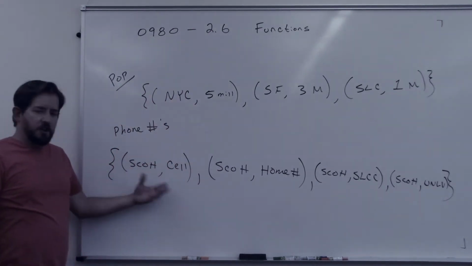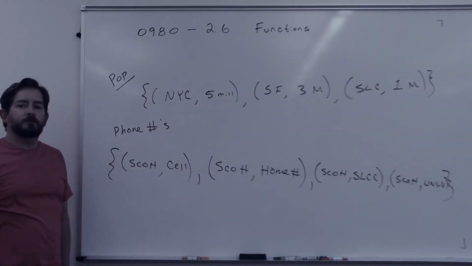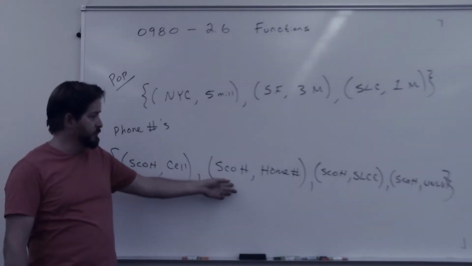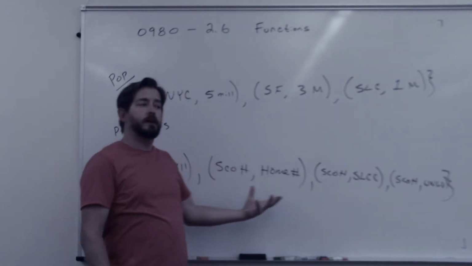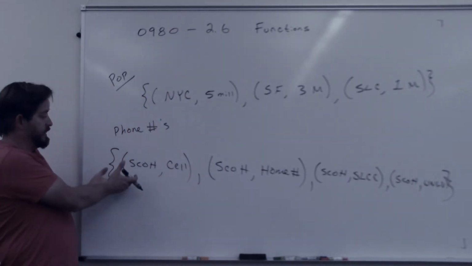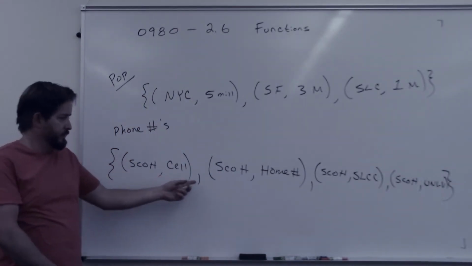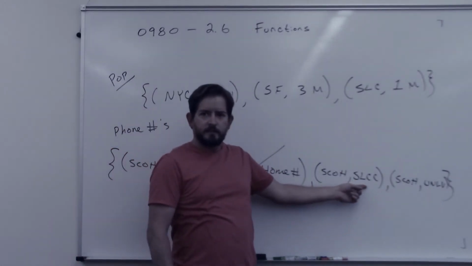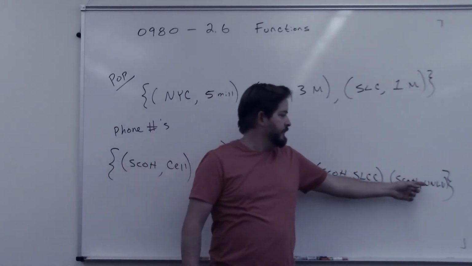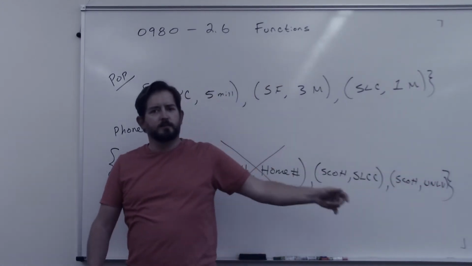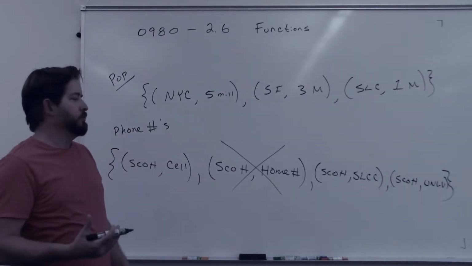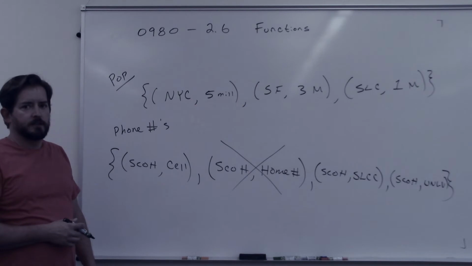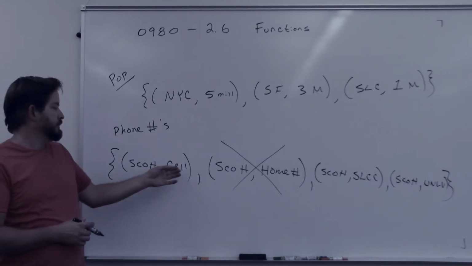This is very much not a function because you say, hey, what's the phone number for Scott? Which one? You have to distinguish between which Scott you want, and they're not different Scotts, it's all me. It's my cell number, my SLCC office number, my UNLV number, my fax number, whatever. If you don't know the output given that input, it's not a function, because this input does not have a unique output.